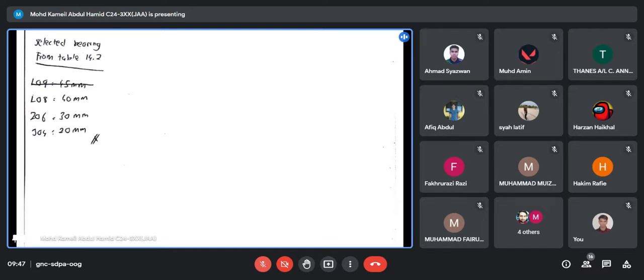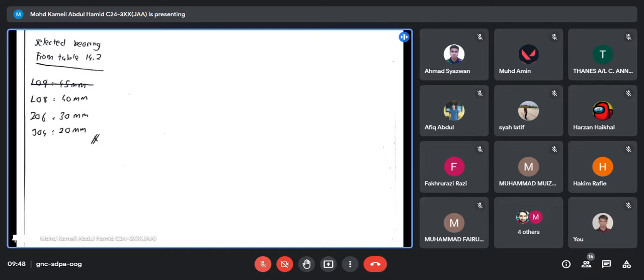Okay, for the selected bearing, this is for roller bearing. Question B, you have LO8, then 200 series, 205, and 304. So these 3 series are the choices that you can select for the use of your bearing. Bearing B is mentioned to be a roller bearing. So you need to check the DS value for these 3 series.